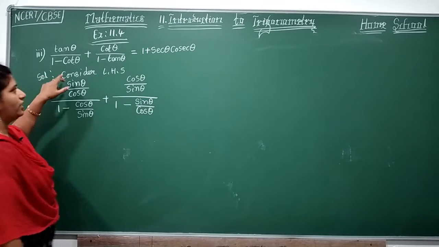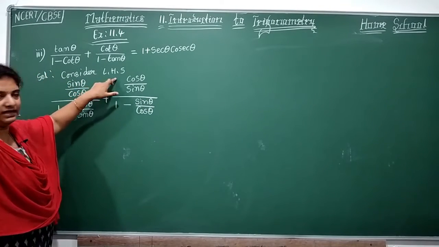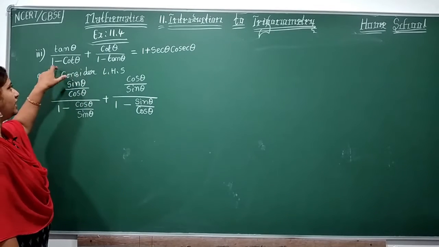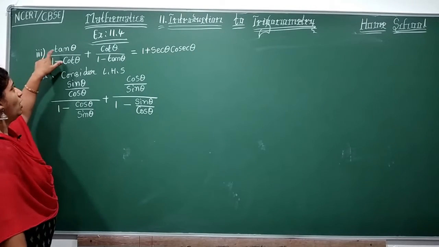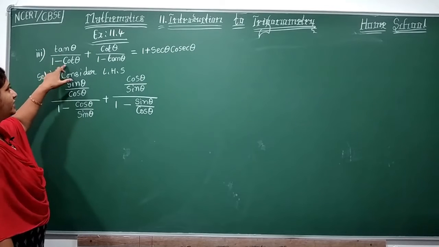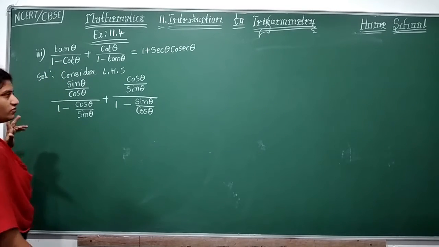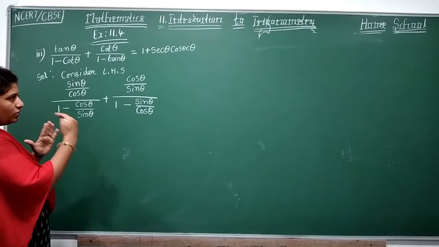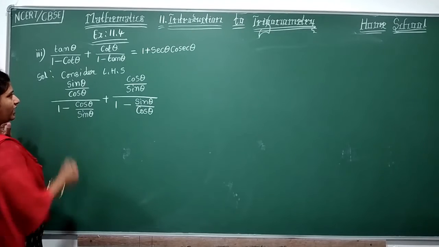Okay, so look here children, when you are writing this problem, first consider LHS, rewrite this, then you write like this. What is tan theta? Sin theta by cos theta. What is cot theta? Cos theta by sin theta. So now your problem will be looking lengthy. Okay, so don't be afraid, look here carefully.